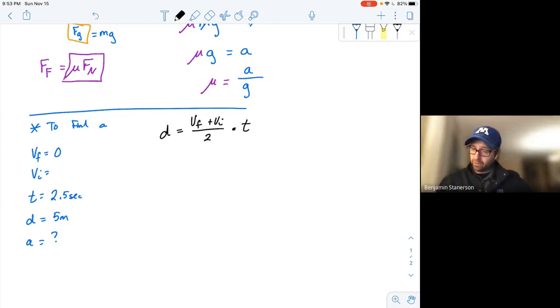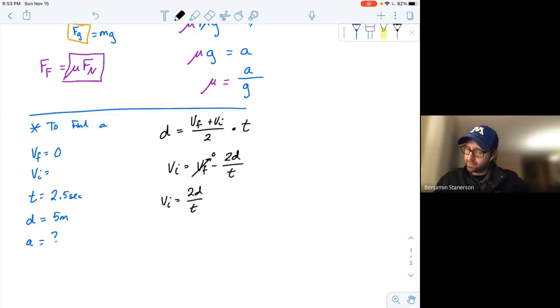Okay, so I know then that VI is going to be equal to my VF minus 2D over T. I'm just rearranging that equation real quick. Now, I already know that the final velocity is 0, so my VI is going to be 2d over t. Substituting in what I know, 2 times 5 meters, so 10, divided by 2.5. So I get an initial velocity, 10 divided by 2.5, of about 4 meters per second.